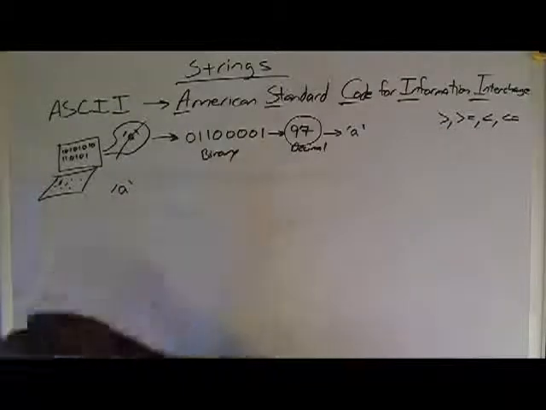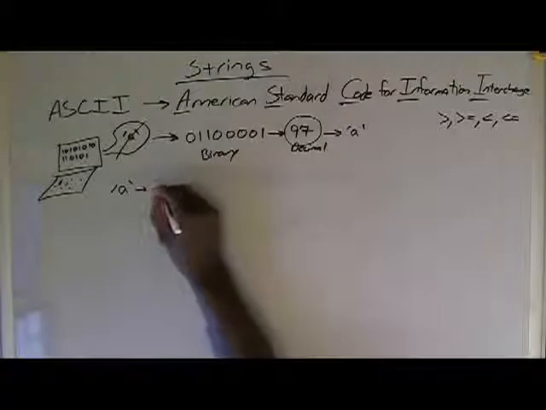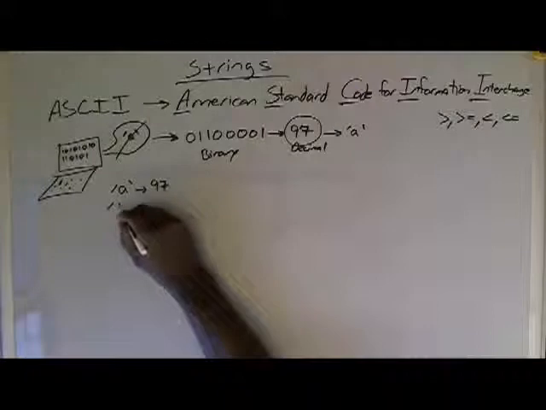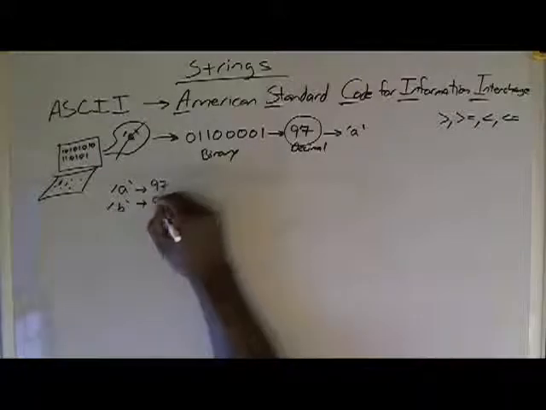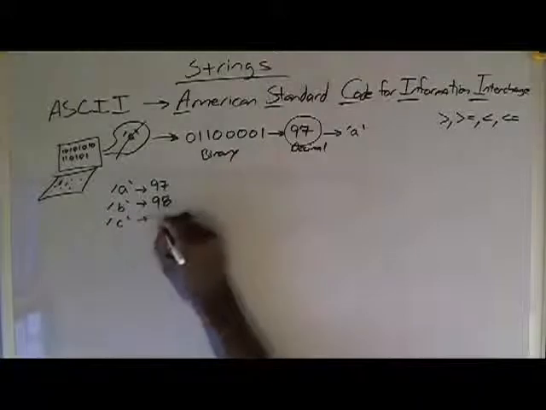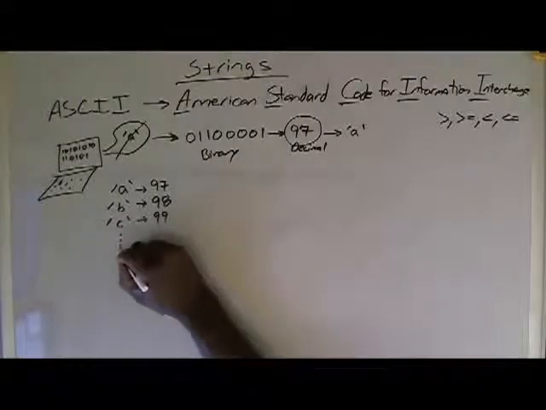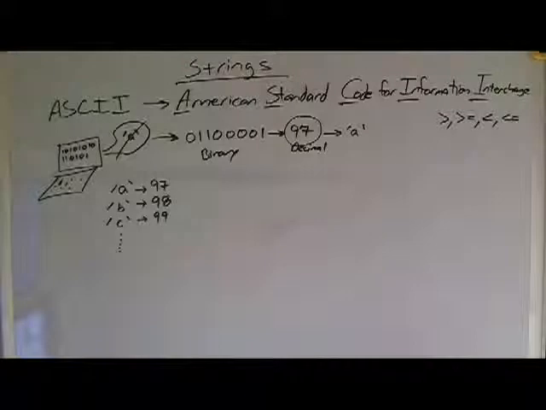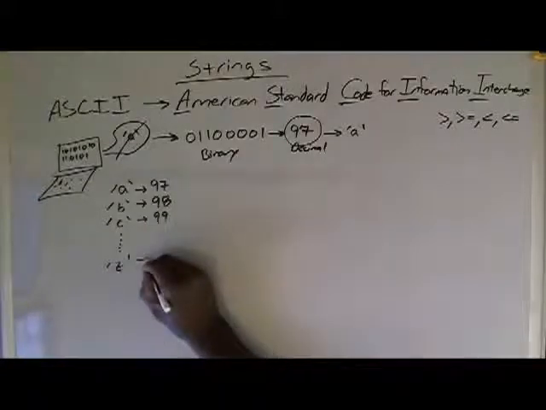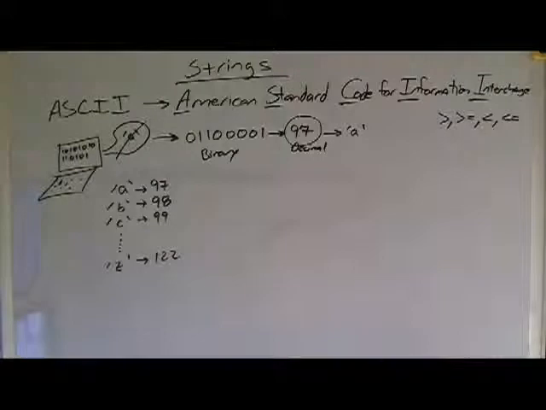The code for ASCII lowercase a is 97. The code for ASCII b is 98. The code for ASCII c is 99, and so on and so forth, all the way down to lowercase z, which is ASCII code 122.